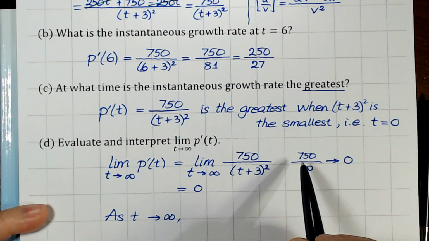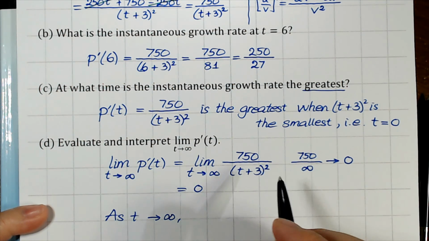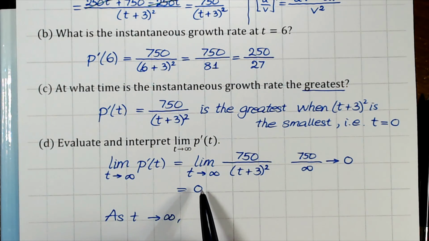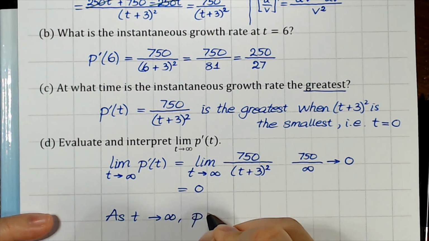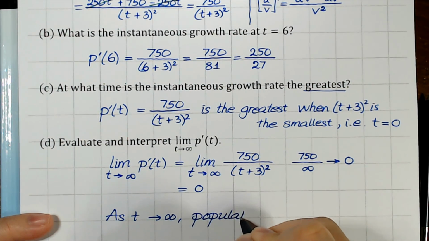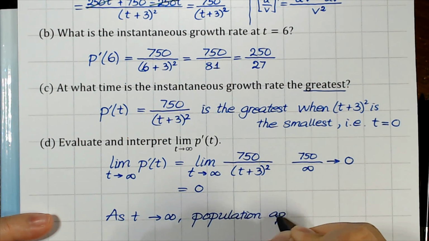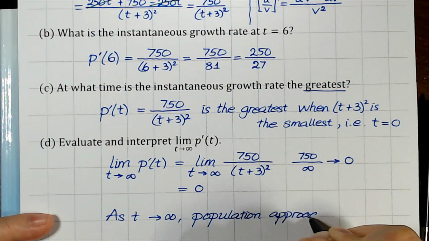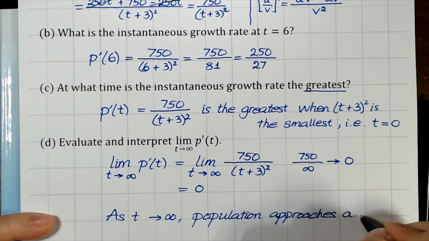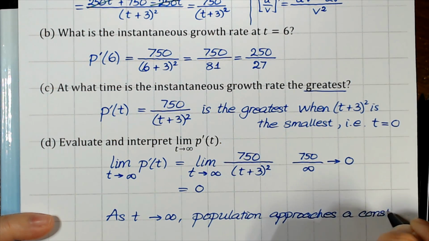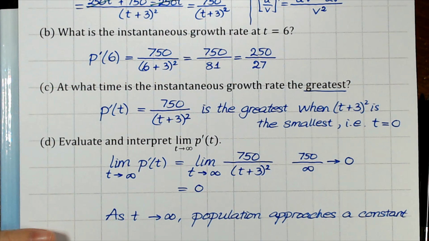Because of that, the function approaches a constant. Because the derivative is approaching 0, the function approaches a constant, so the population approaches a constant. So that's what we have.